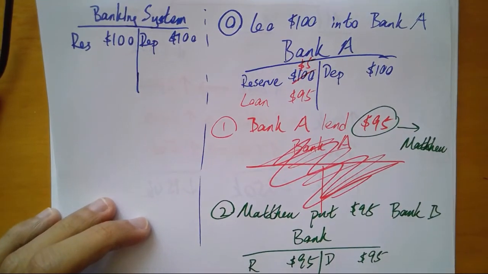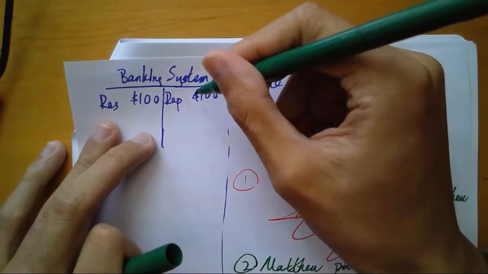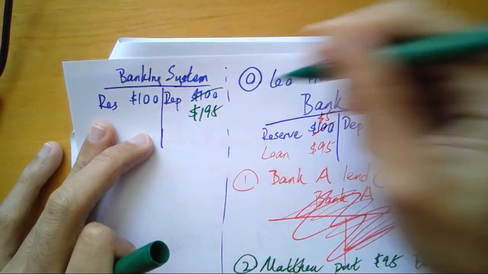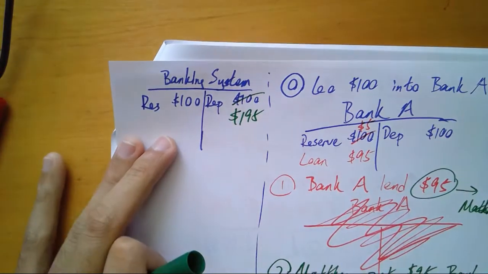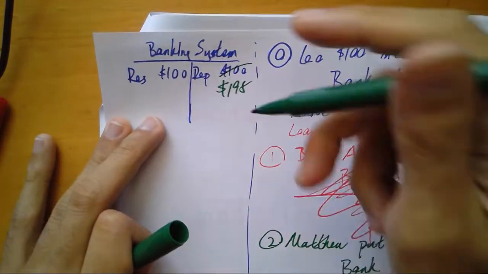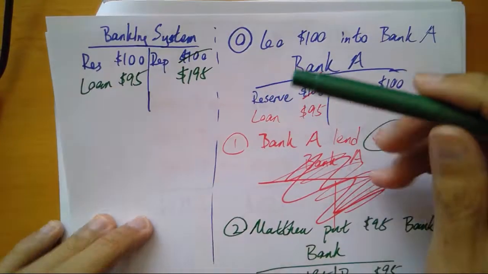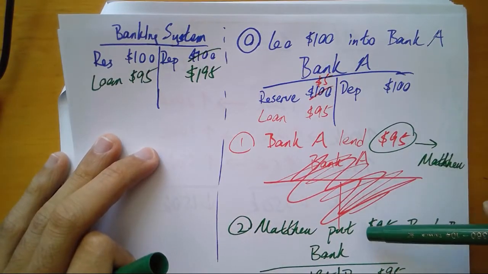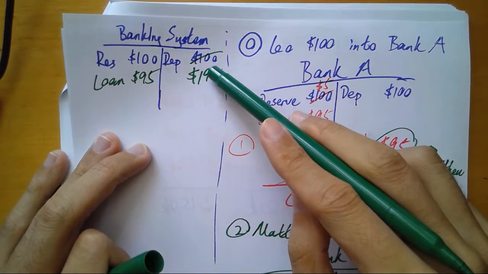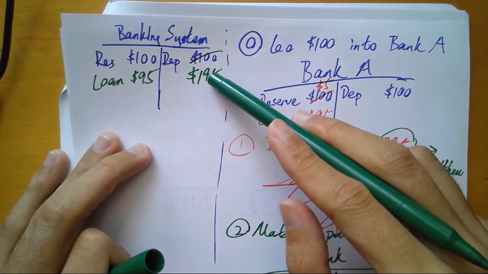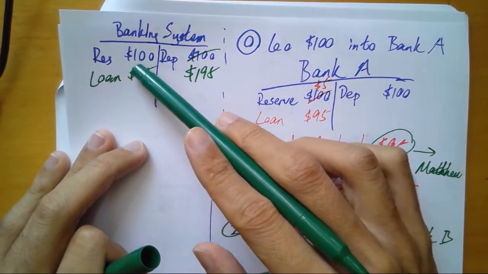How much deposit in total? 195. What about reserve? 5 plus 95, that's 100. Loan 95. Through this borrowing and lending process, we actually created more deposit, or credit, or loan. Reserve doesn't change.